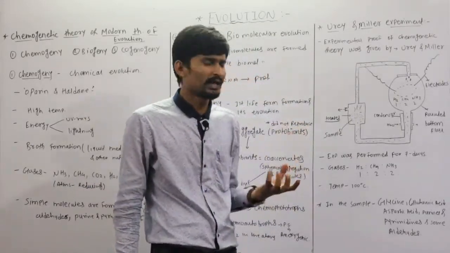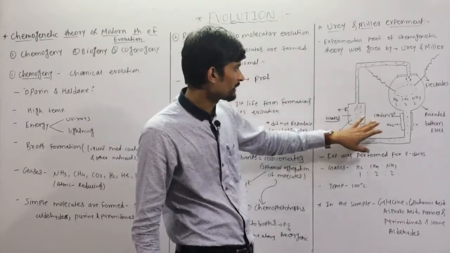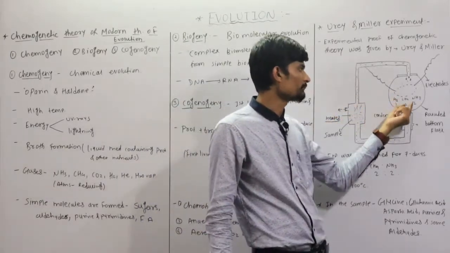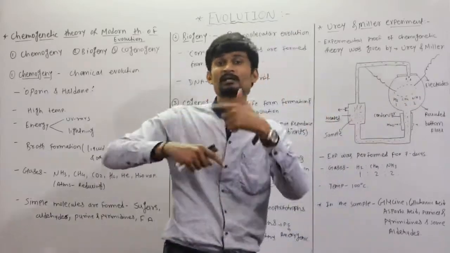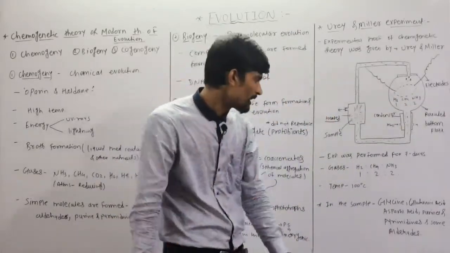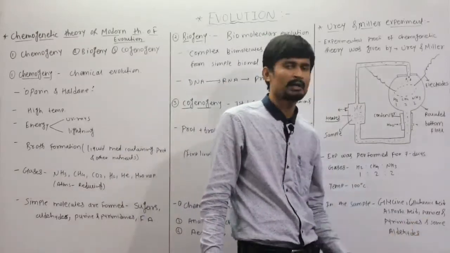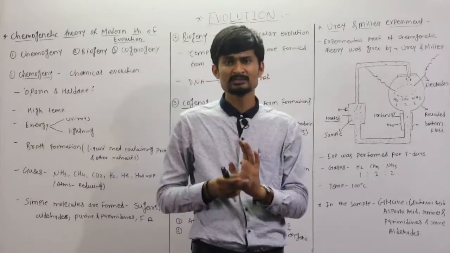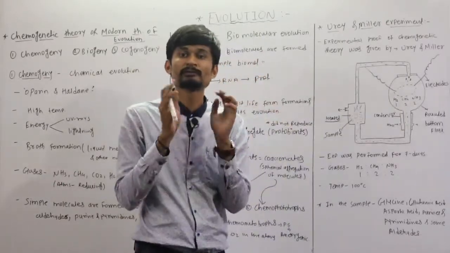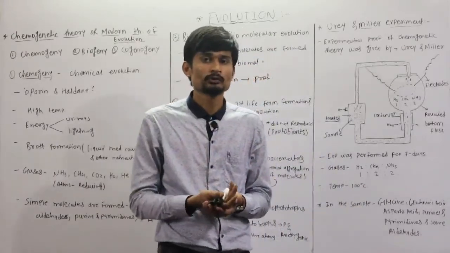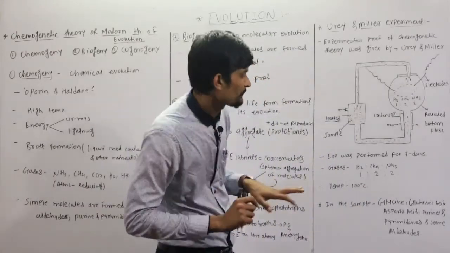They did not take amino acids; they simply took hydrogen, methane and ammonia, but they obtained simple biomolecules, that is amino acids, then purines and pyrimidines, that is nitrogen bases: adenine, thymine, guanine, cytosine, uracil. These nitrogen bases were also found in that sample, and some other aldehyde molecules were also observed.